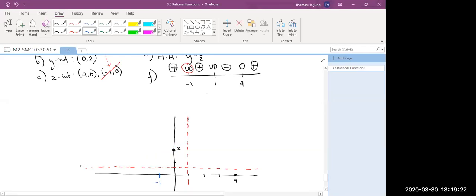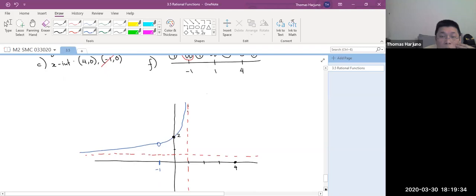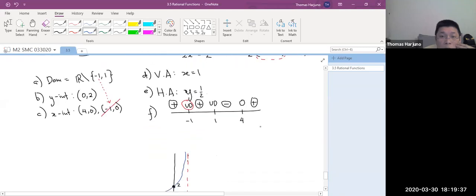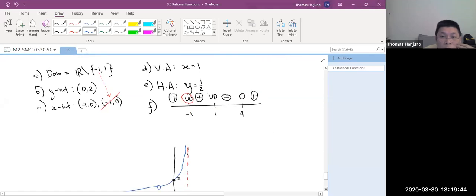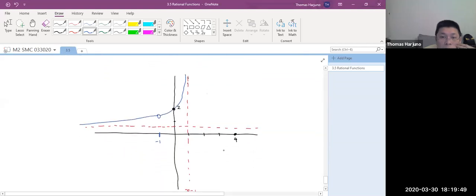We have a hole here, and then go on. And then to the right of x equals 1, between 1 to 4 it's below the x-axis, between 4 to infinity it's above. You can compare with your sign graph. Okay.